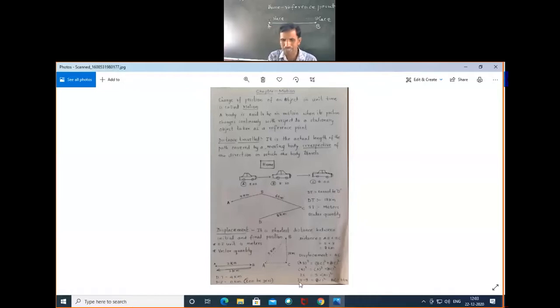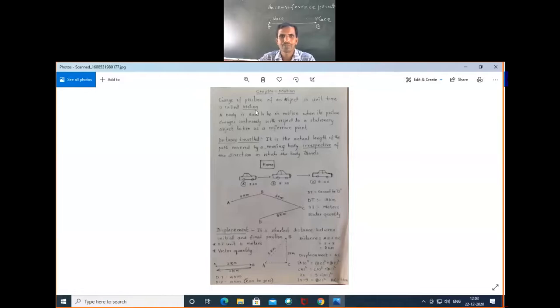That means I am changing my position with respect to time. I have taken certain time to move from here to that place. So that is a change of position, and my reference point is this. You can see here in the screenshot. So change of position of an object in unit time is called motion.